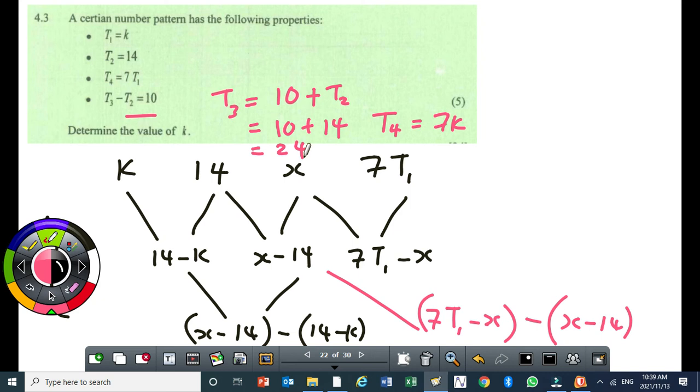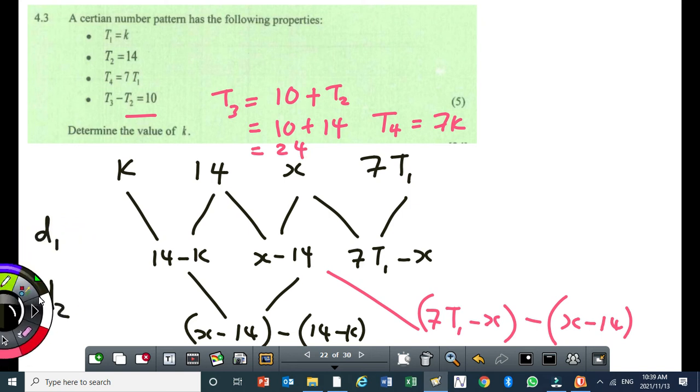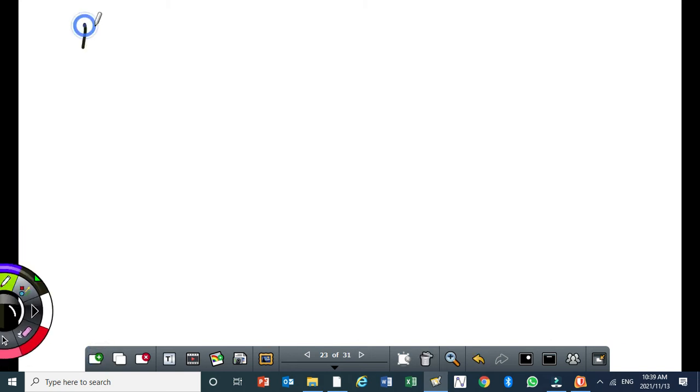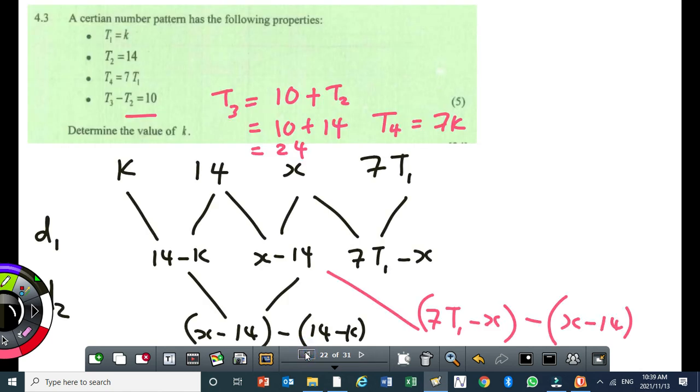Right. So what I'm going to do is, on the next page, I'm going to redo that. Okay? So where there is X, I'll put what? 24. Right? So I'm going to have my K at 14 and 24 and 7K.